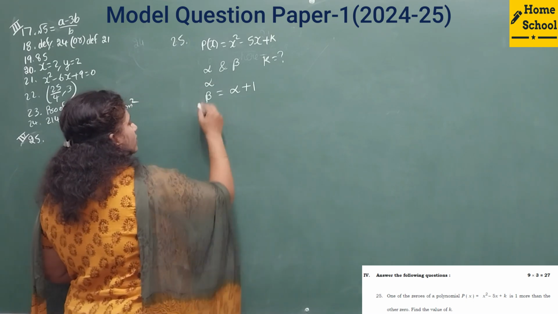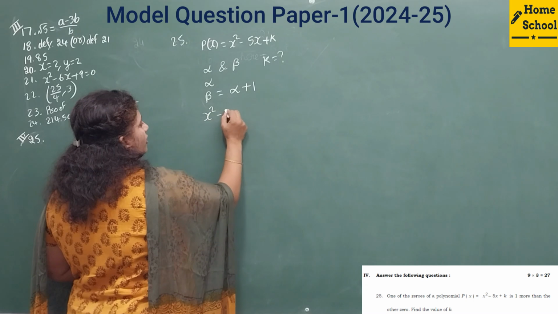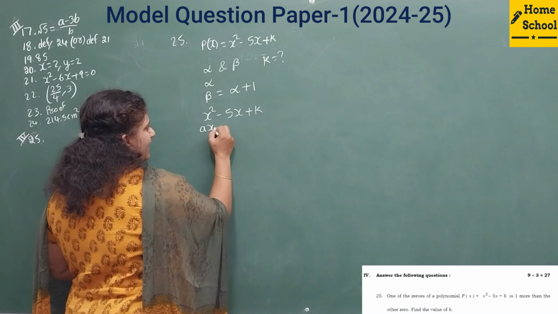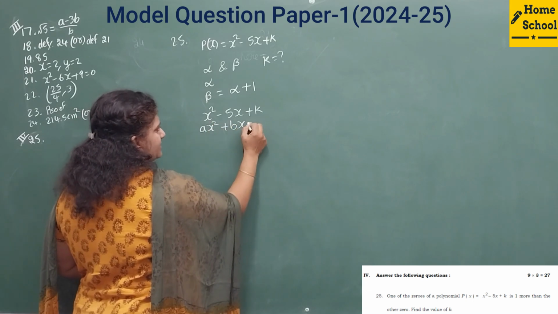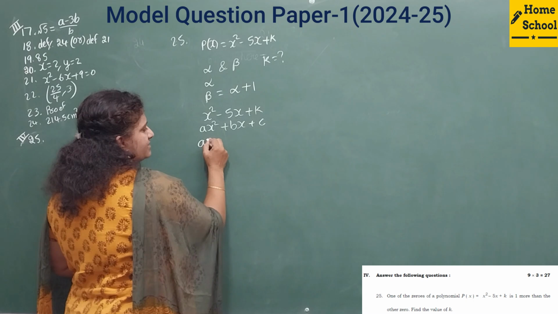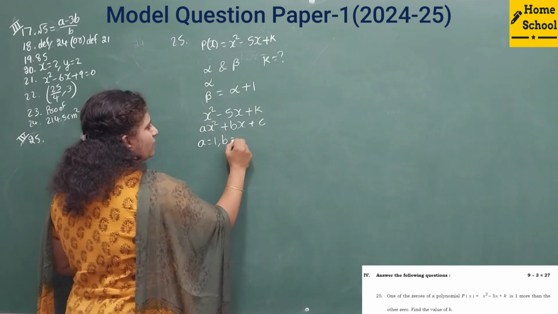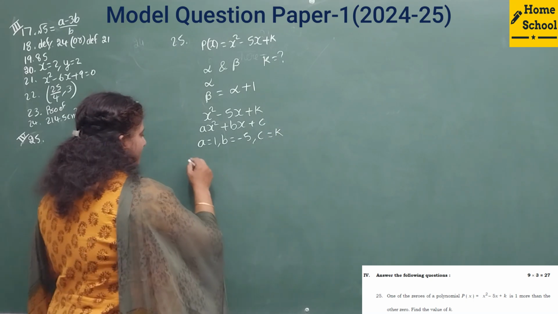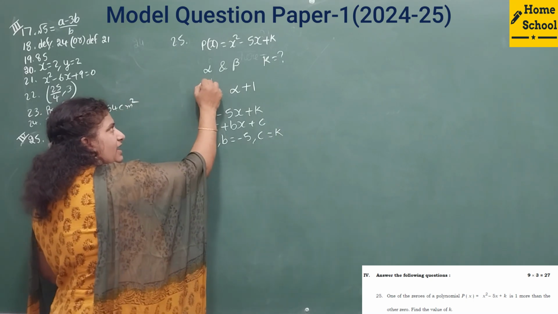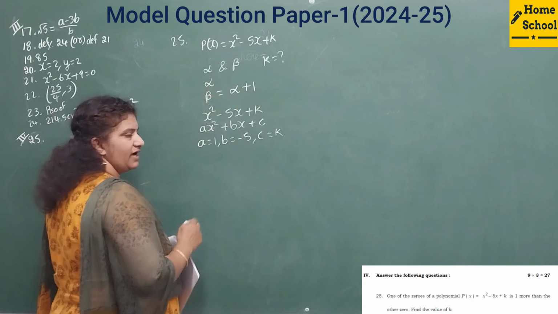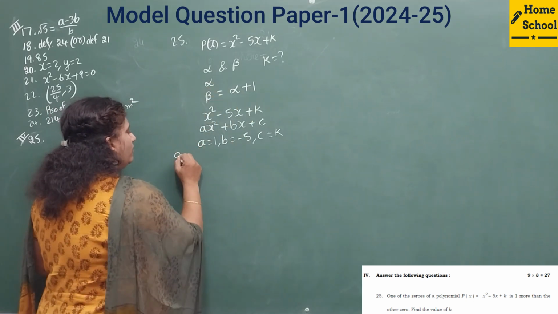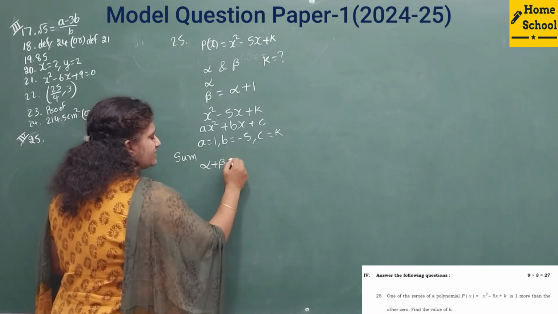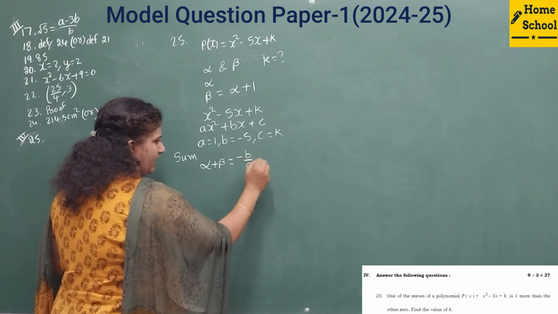We know, first compare the given polynomial with standard form of the polynomial, that is ax square plus bx plus c. A is equal to 1, b is equal to minus 5, c is equal to k. We know the 2 zeros are alpha and alpha plus 1. So, we know sum of the zeros formula. Alpha plus beta is equal to minus b by a.